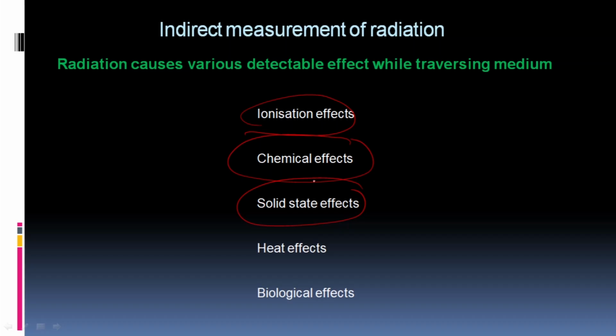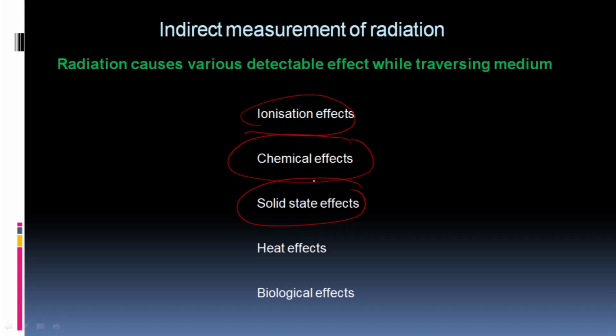Now, we know that if some material medium absorbs or receives some heat, the temperature increases. In radiation absorption, only a very minimal amount of heat is produced, and this heat produces a very negligible increment in the temperature of the material medium.